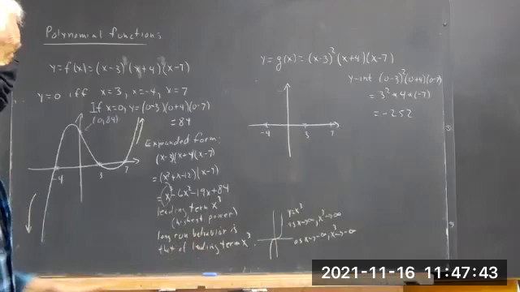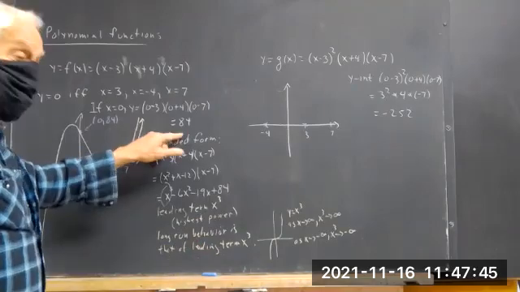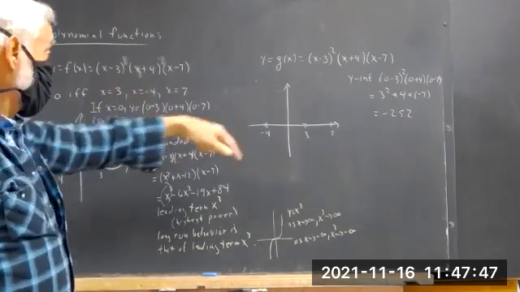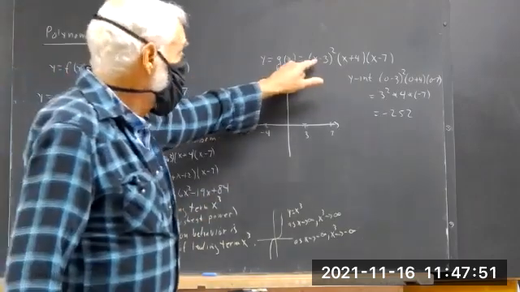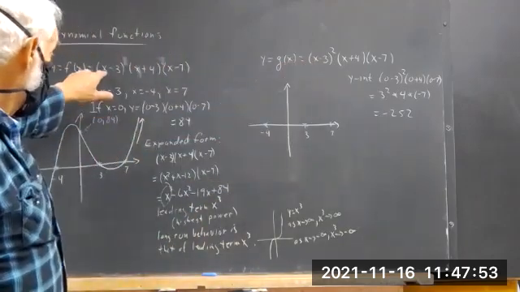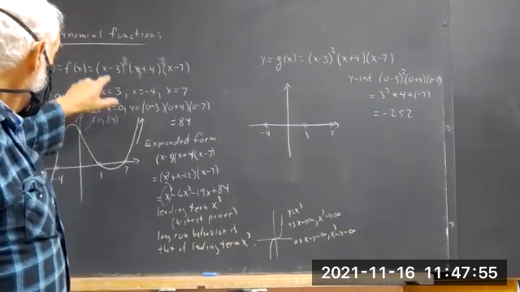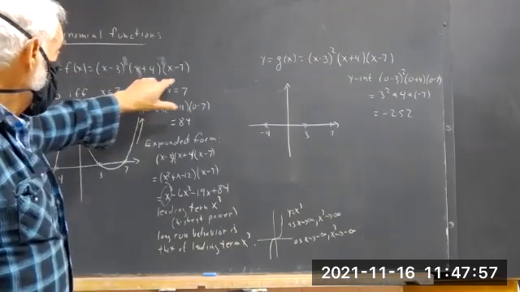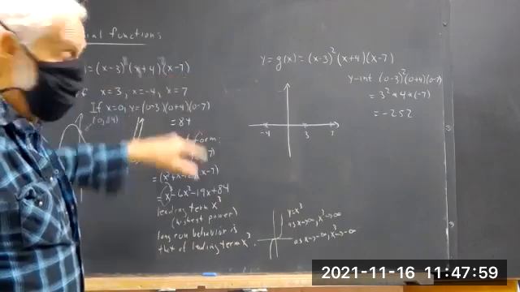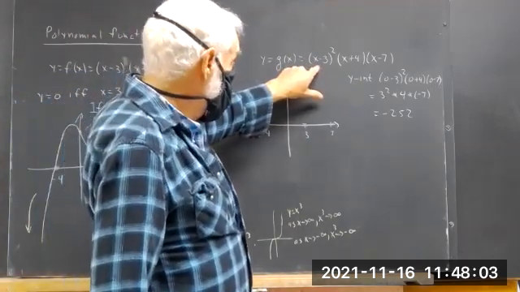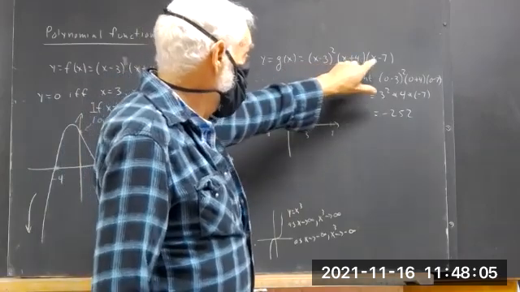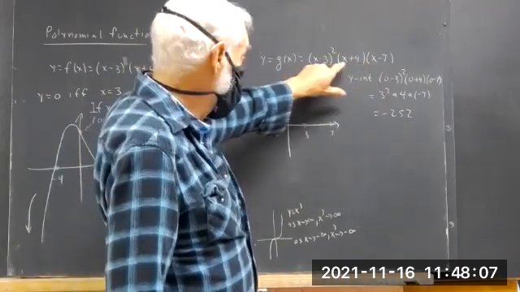Why is the y-intercept negative, when it was positive over here with the same terms, except we squared one of them? Well, the term we squared was negative with x equals 0. So we got a negative, a positive, and a negative here. Now that we squared it, this is positive, and this is still positive, and this is still negative. So we got positive, positive, negative.